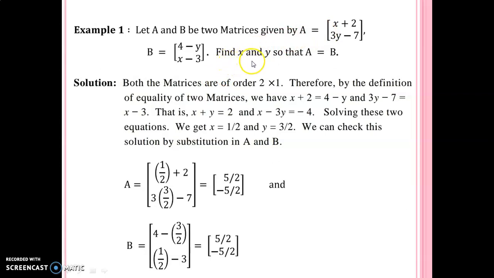To find the values of x and y, we need to equate the corresponding entries, that is, the A11 entry is equated to the A11 entry in the matrix B. Similarly, the A21 entry in matrix A is equated to the A21 entry in matrix B. We'll get two equations in x and y which can be easily solved.